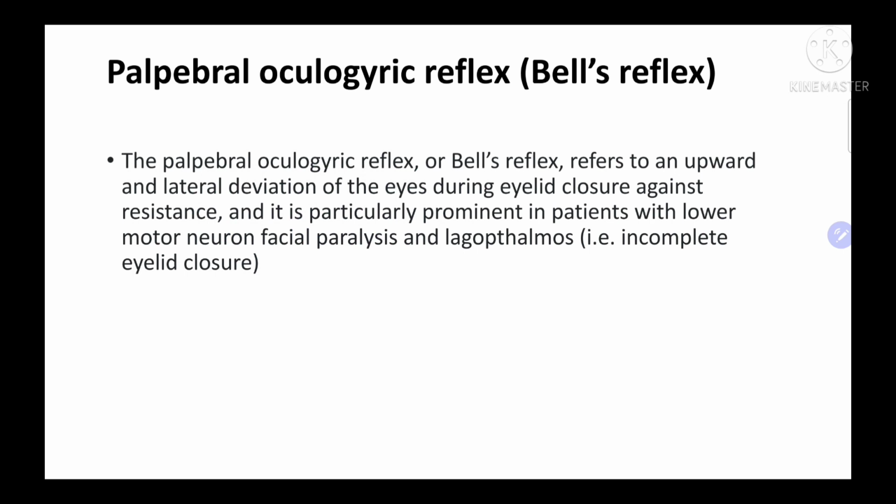This reflex refers to an upward and lateral deviation of the eye during eyelid closure against resistance. It's particularly prominent in patients with lower motor neuron facial paralysis. With the accommodation response, we check it with both eyes.